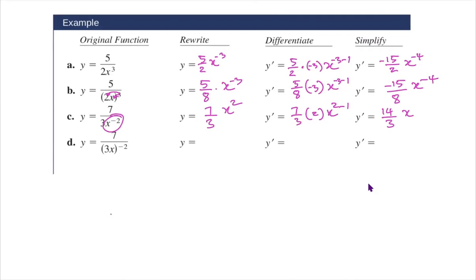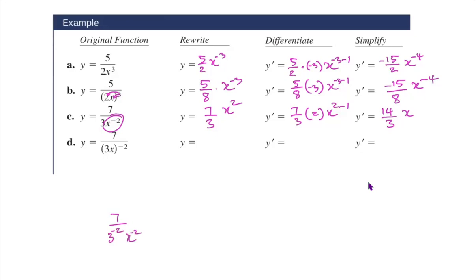So that would be 7 over 3 to the power negative 2 x to the power negative 2.